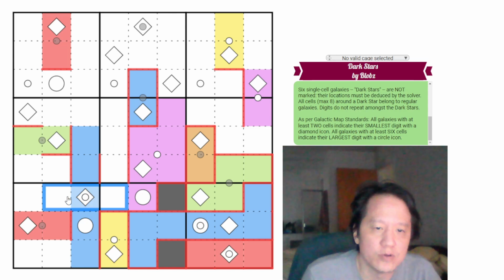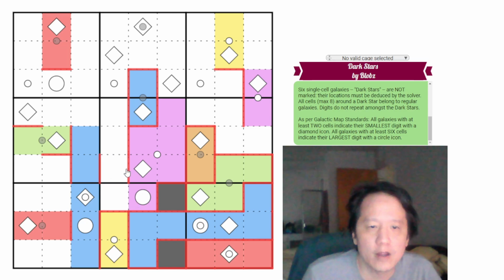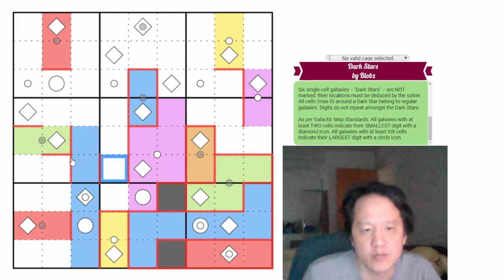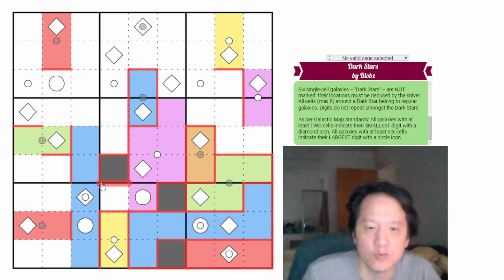This could be blue. What galaxy can this be a part of? It can't be part of this one. Can't be part of this one. Can't be part of this one, so this has to be a dark star. And there's 3 more only.